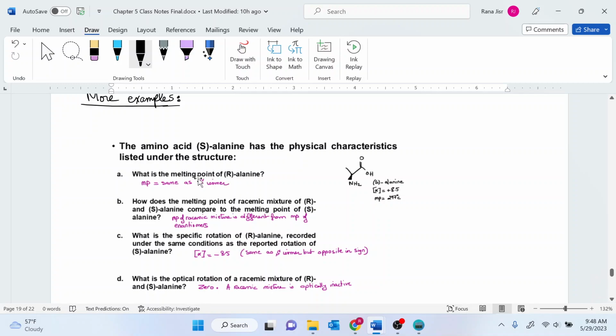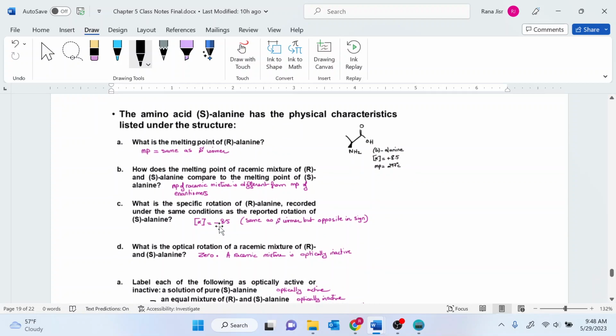If I'm asking about the melting point of the mirror image of S-alanine, which is R-alanine, then it's going to be the same as the S isomer. How does the melting point of the racemic mixture differ? Yes, the melting point is going to be different than its component enantiomers because now you are working with a racemic mixture.